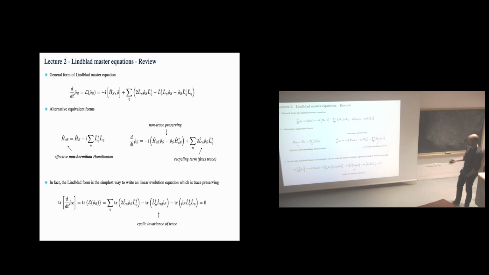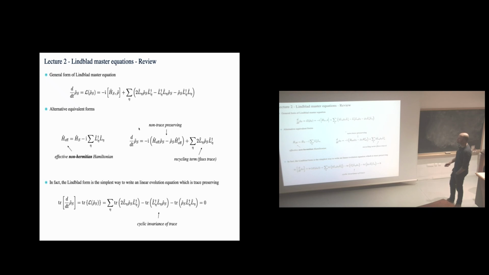All right, so just to introduce several different ways of writing this, I think I've seen all of them on the posters today. So this is the one form. Of course, a very popular alternative form is that I can define an effective non-Hermitian Hamiltonian. So I define this thing here where I have the system Hamiltonian, which is my Hermitian matrix, but then I subtract i times this term of the Lindblad jump operators, L dagger L. If I do that, you can see that I can absorb these two terms in an effective Hamiltonian.